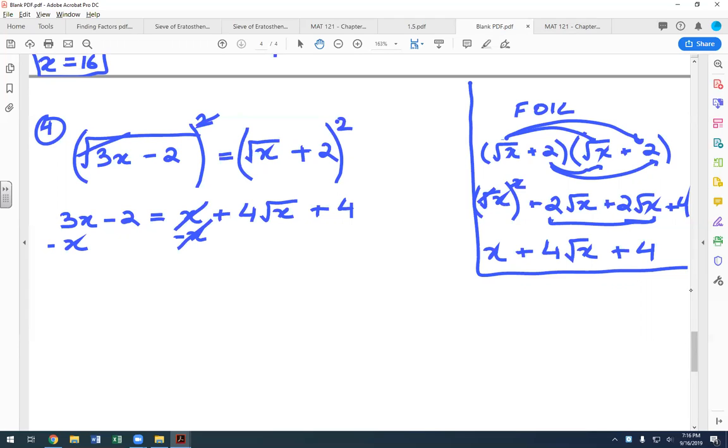And I'm also going to subtract my 4 from the 2 here. So cancel these out. When I combine these terms, I will end up getting 3 minus 1, which is 2x, negative 2 minus 4, negative 6, and now I am left with 4 square root of x.